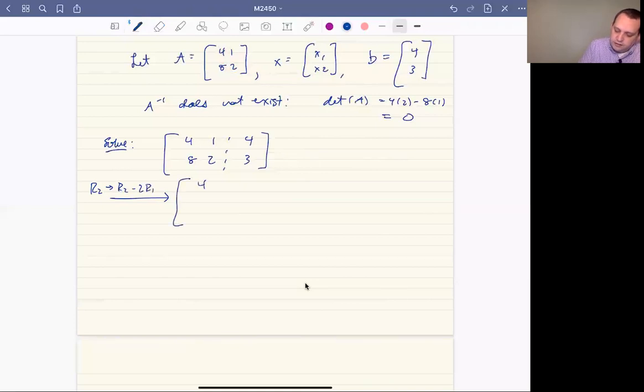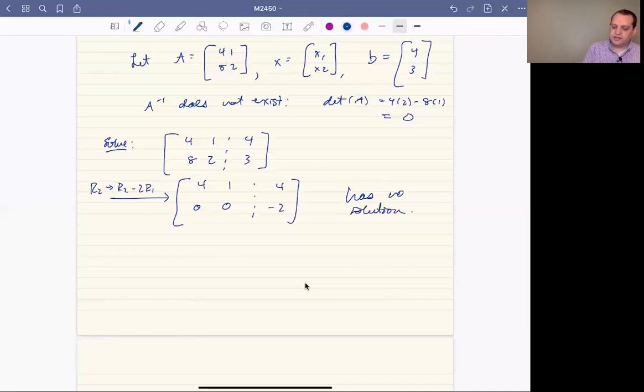And if we do that, row 1 will stay the same. We're going to end up with 0, 0, negative 2. And so let's think about what that means in terms of a system of equations. If we think about it, this has no solution.